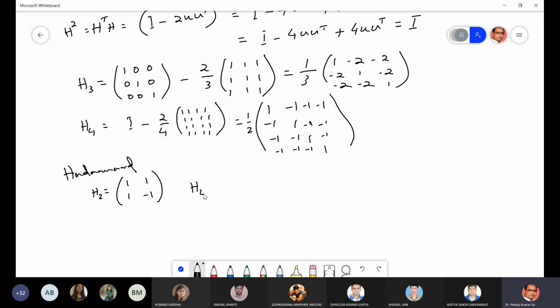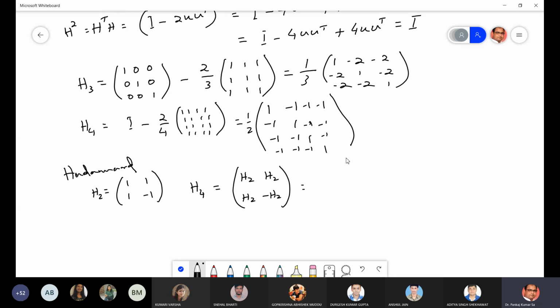For the fourth order, this actually becomes H2, H2, H2, minus H2. Look at this: in place of 1, I'm writing H2, and in place of minus 1, I'm writing minus H2.